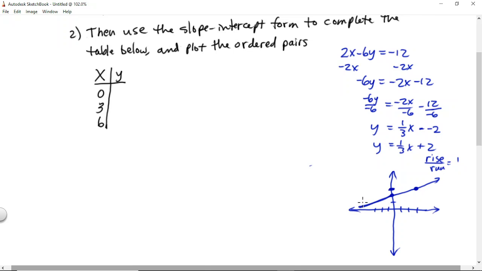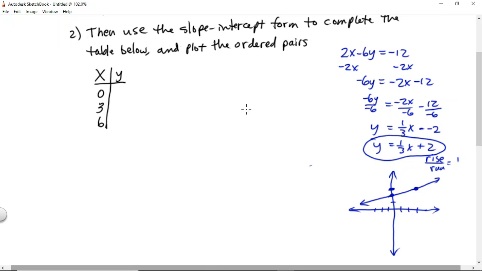Okay, so now we're going to use another method. The other method is to use this table along with our slope-intercept form. So we put a 0 in for x, then what is y?